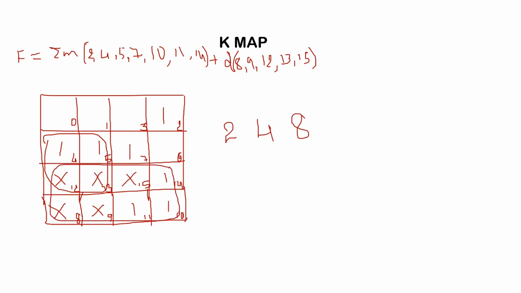So we can group these 8 numbers. Here 1 is left, so we can group this with the corner. This is how we have to group. And we have 1 here, so we can group these 4 numbers.